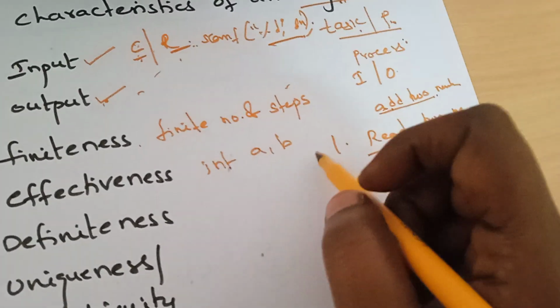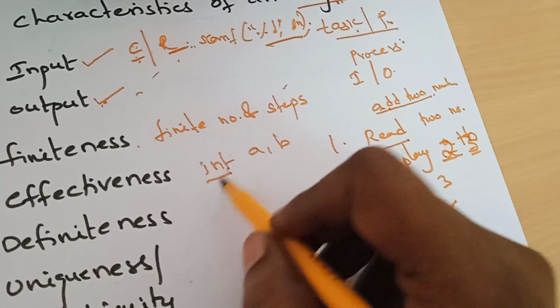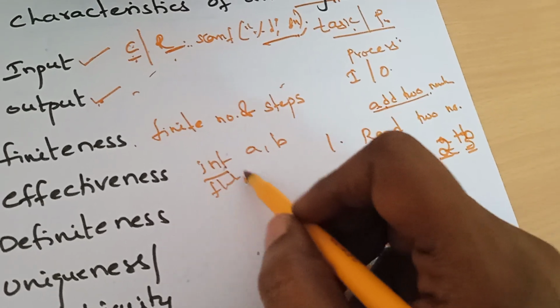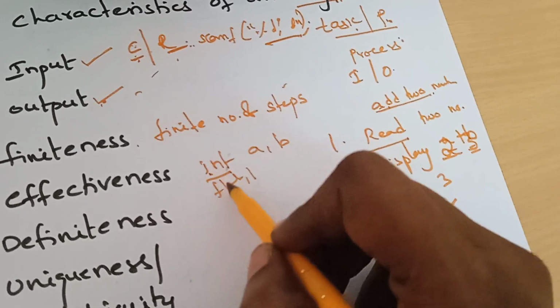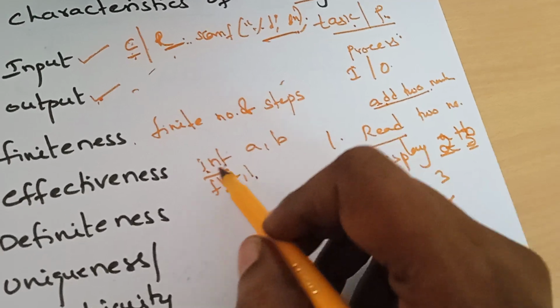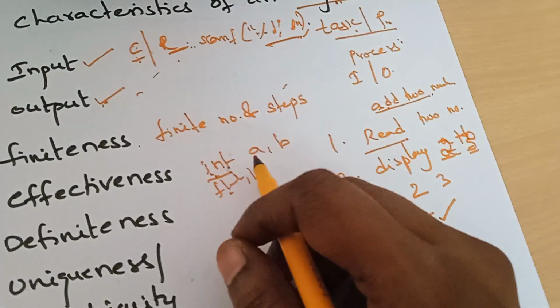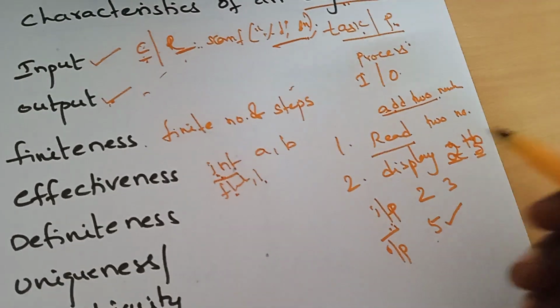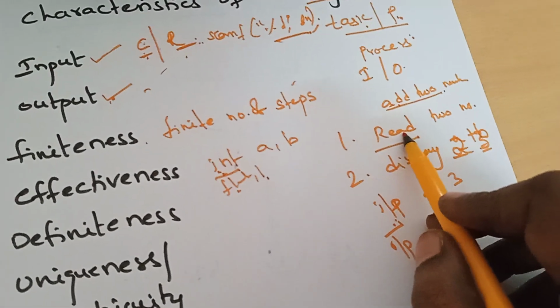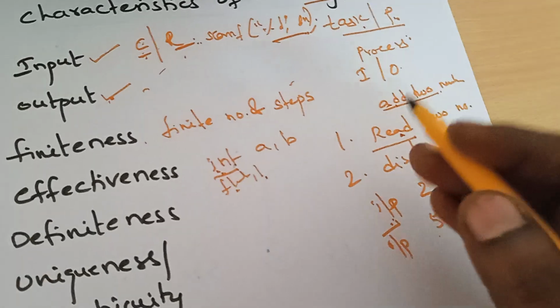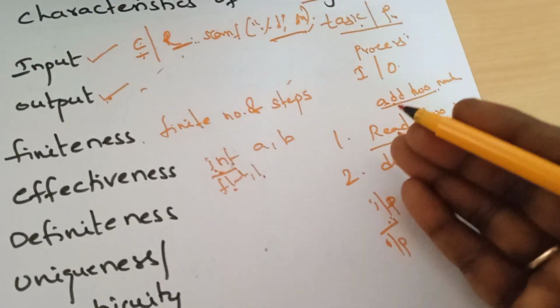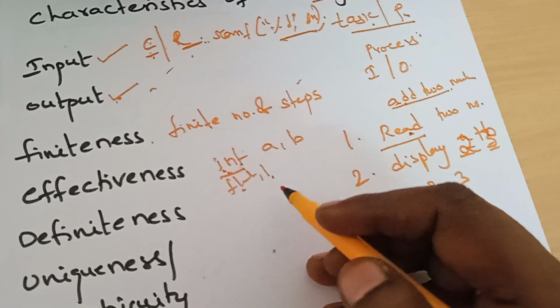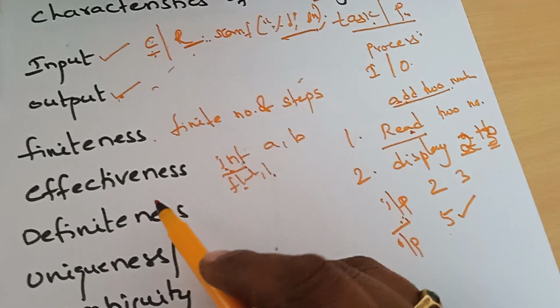It doesn't mean you always have to use integer only. You can use float or double, long int, long float, long double, short int. The perspective is that one step in the algorithm should be convertible into a programmatic part. That is effectiveness.